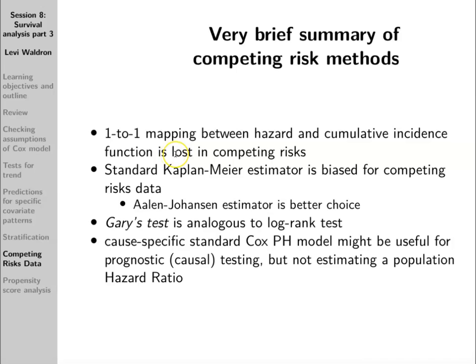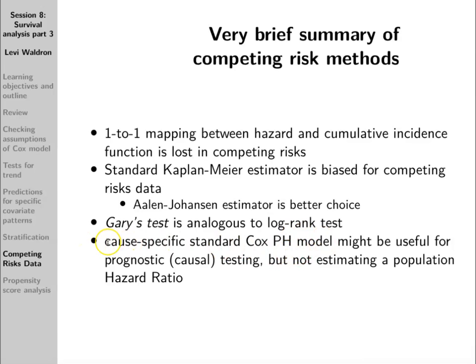In this case, we have a risk of bone fracture and a risk of death. And in situations like this, the standard Kaplan-Meier estimate is actually biased. There's another estimator called the Aalen-Johansen estimator that is a better choice, and you can estimate multiple hazard functions simultaneously. And this test called Gray's test is analogous to the log rank test in the absence of competing risks.